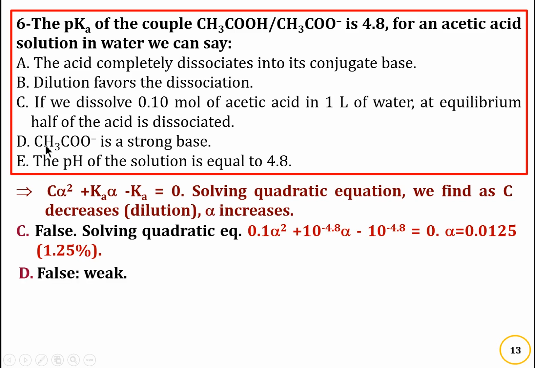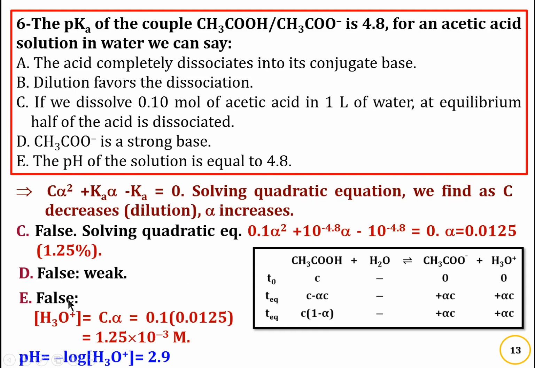In part D, acetate is a strong base. This is incorrect. Acetate is a weak base, since the pKa value of this couple is between 0 and 14. In part E, we have to calculate the pH, and the pH proposed is 4.8. So what is the pH of our solution?